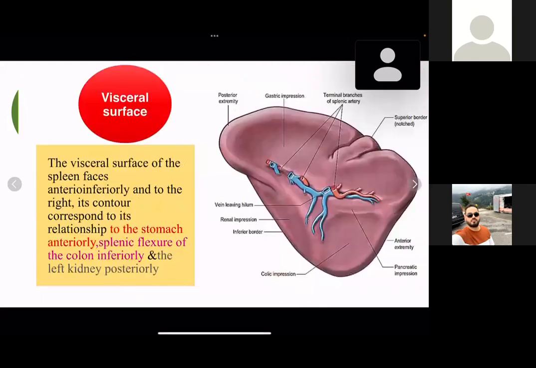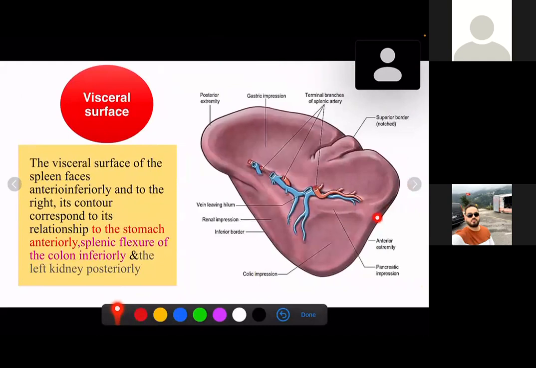Regarding the visceral surface of the spleen, as we see, there's an anterior end, a posterior end, a superior border, which is notched, and an inferior border. This notch in the superior border of the spleen confirms its embryological origin from multiple small splenunculi that will fuse together. And it has 3 impressions: gastric impression, colic impression, and renal impression.